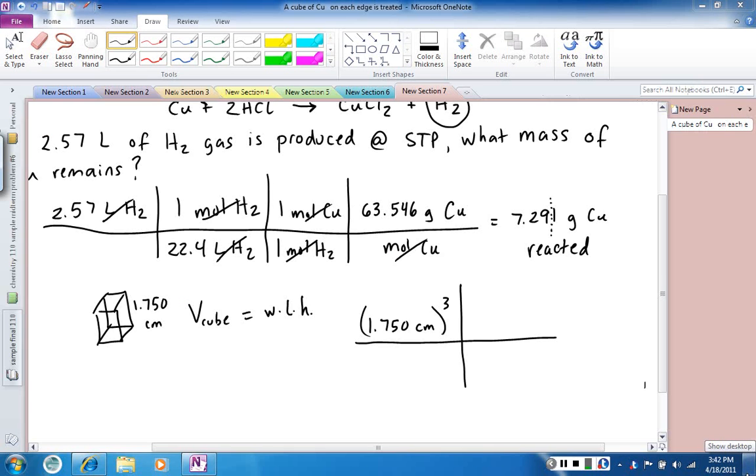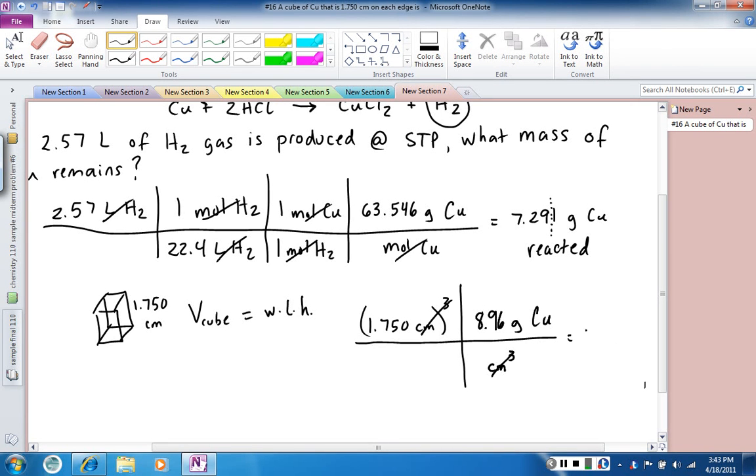and we want to use density to get from volume to mass. Remember, centimeters cubed is a volume. You look up in your conversion sheet, you'll find the density is 8.96 grams of copper per centimeters cubed of copper.